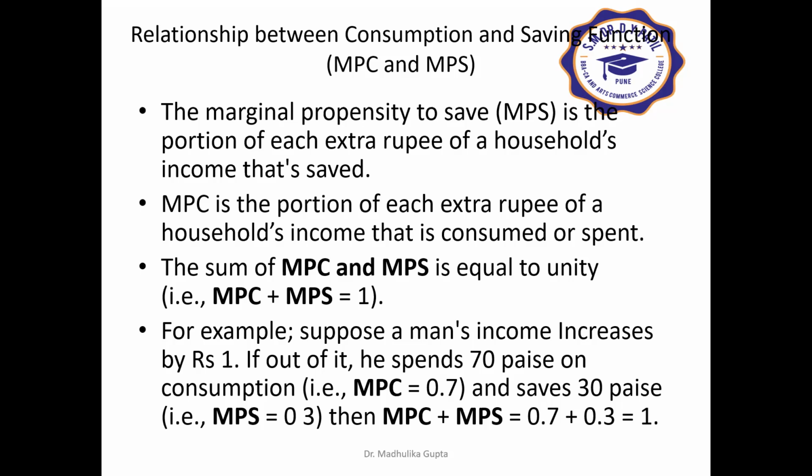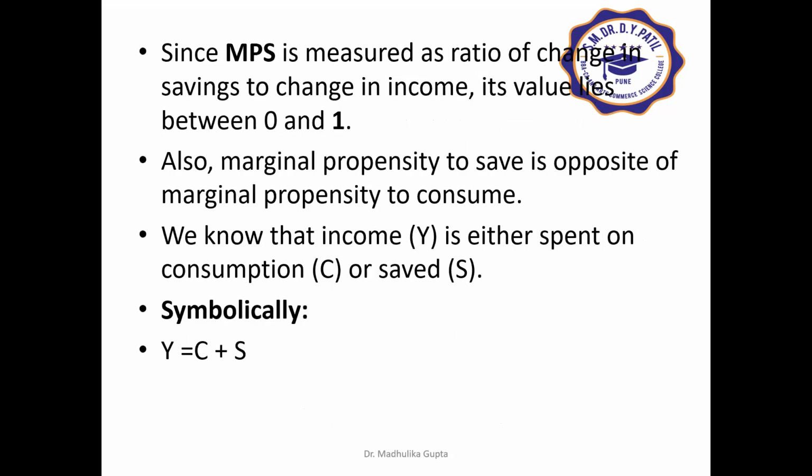Agree? Okay. Since MPS is measured as a ratio of change in saving to change in income, its value lies between 0 and 1. Also, MPS is opposite to MPC, right? So mathematically, in a closed economy, MPS plus MPC is always equal to 1, since an increase in 1 unit of income will be either consumed or saved.